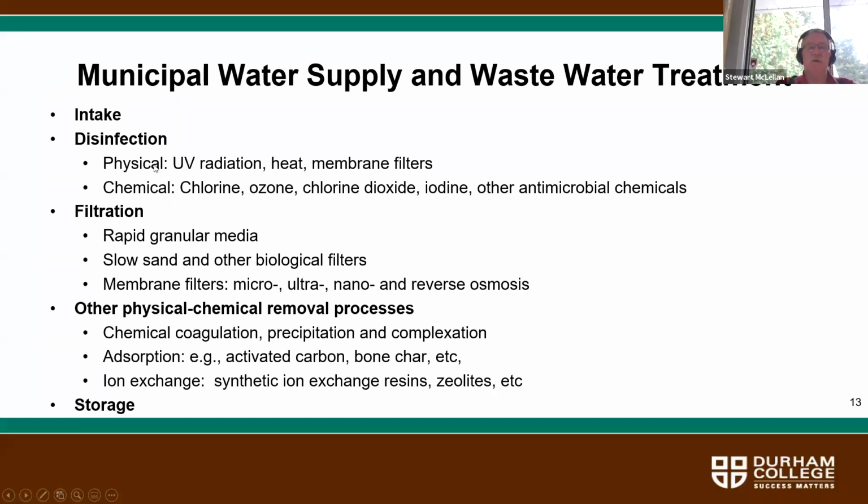Municipal water supply and wastewater treatment. Essentially, a municipal water supply includes the intake. The intake can be either a well into a groundwater aquifer, or a pipe that is out into a surface body like a river or a lake.